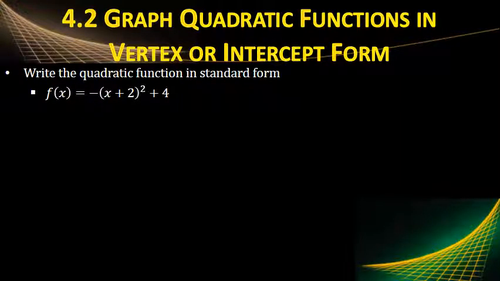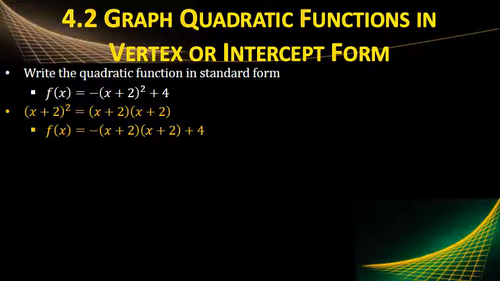Let's do it for this one, which is in vertex form. Remember, (x plus 2) squared means it's multiplied by itself. So I rewrite my function this way. So instead of being (x plus 2) squared, it's (x plus 2) times (x plus 2). FOIL. First, outers, inners, lasts.